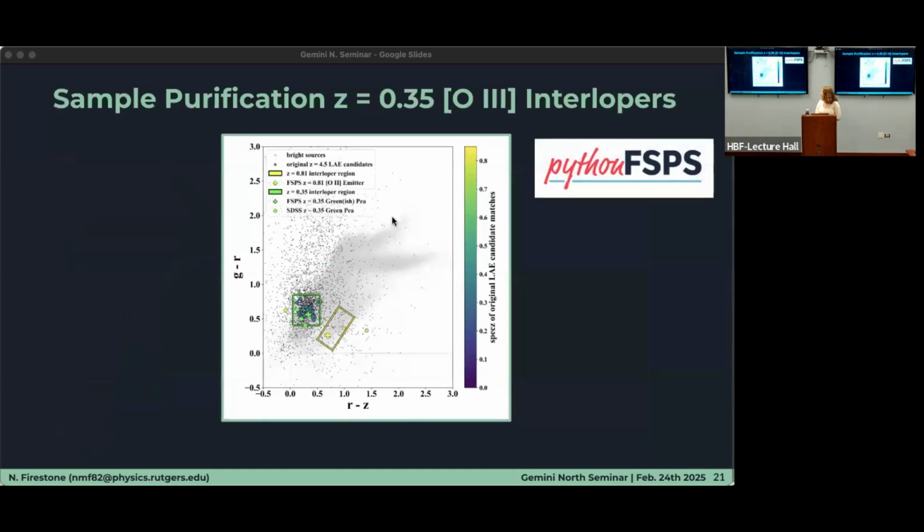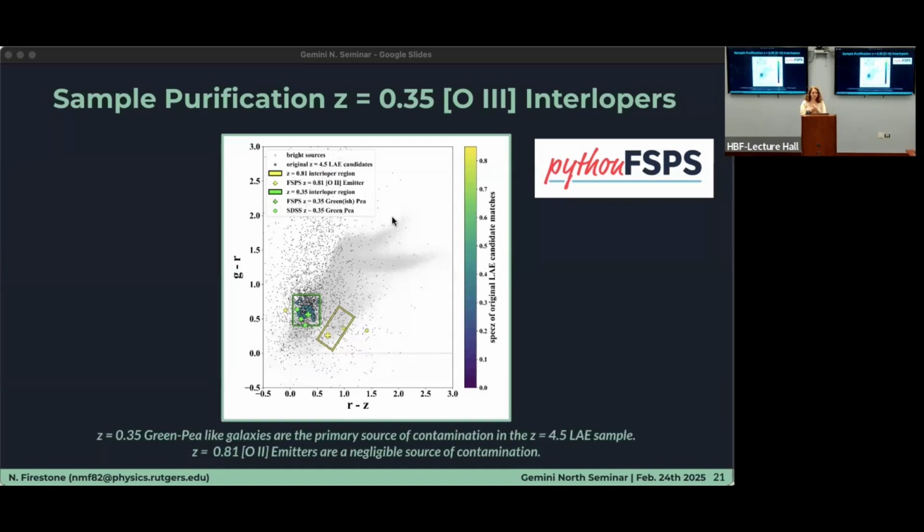And to take one more precautionary step, I used a flexible stellar population synthesis model to create some synthetic spectra that looked like green peas and looked like an O2 emitter, and I plotted them in this same diagram as if we were to look at them through our filters, and they again resided in those boxes where we would expect them to.